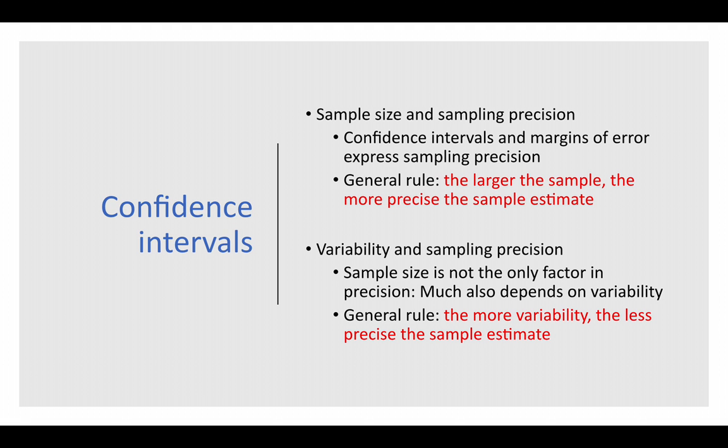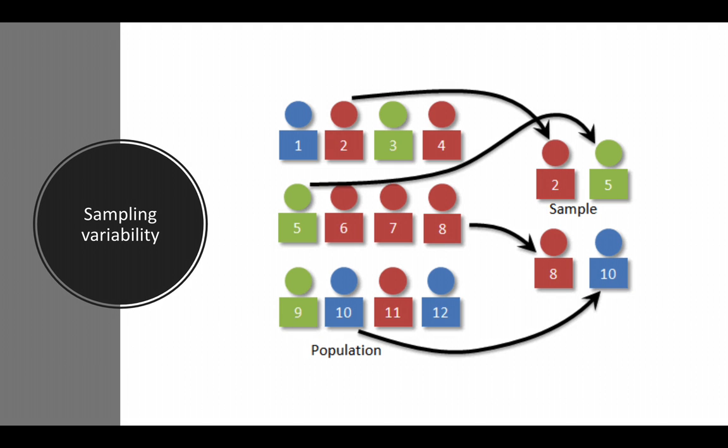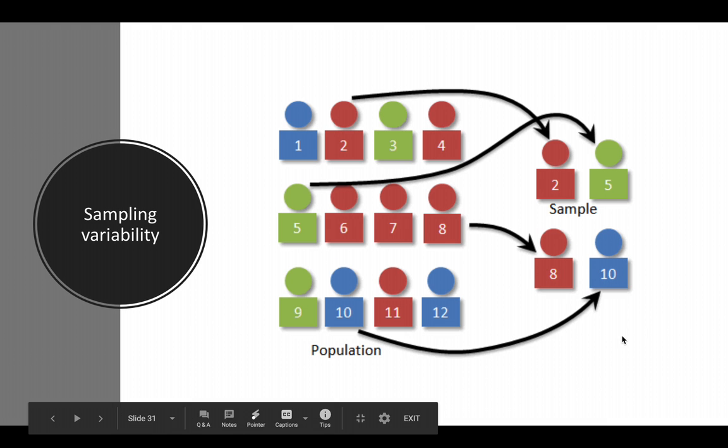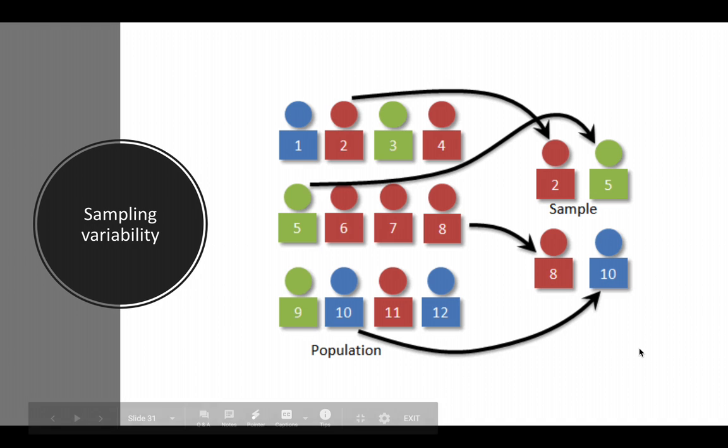Remember this visualized sampling. If you sample and sample, you still lose, for example, the blue ones. You sample the first time, you get, for instance, a red one and a green one. You sample the second time, you have two red ones. If you sample the third time, you have two blue ones, for instance. This is your sample.